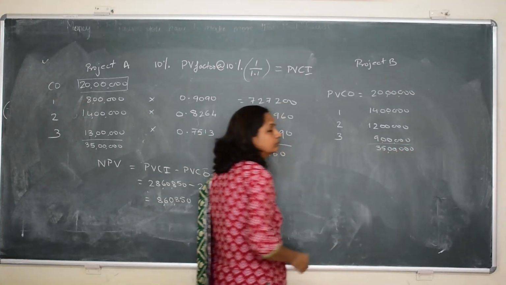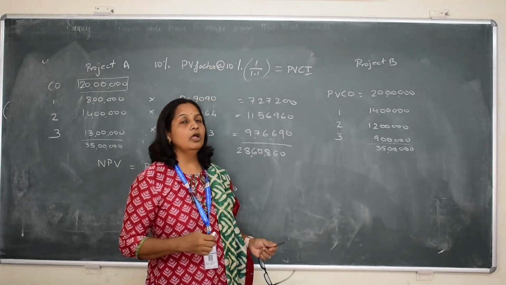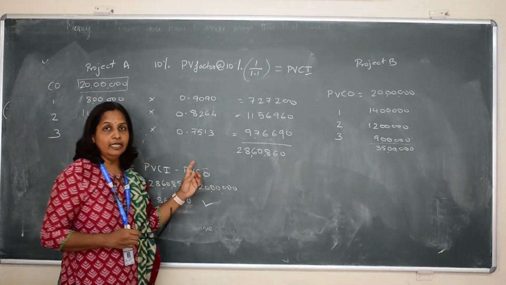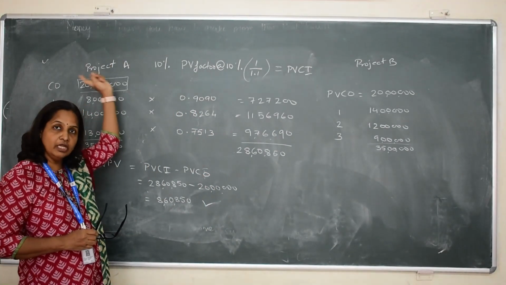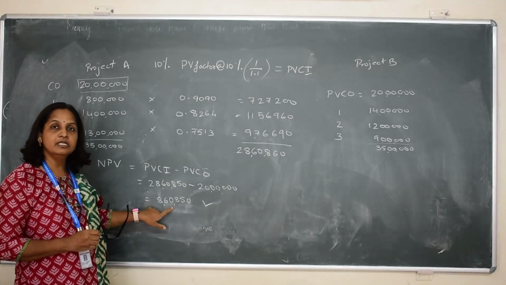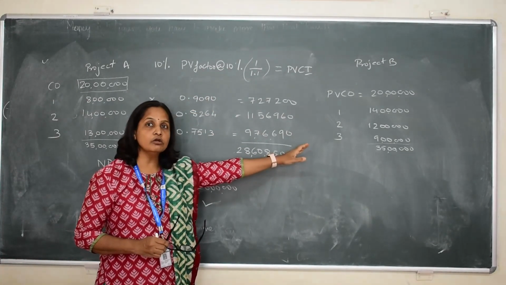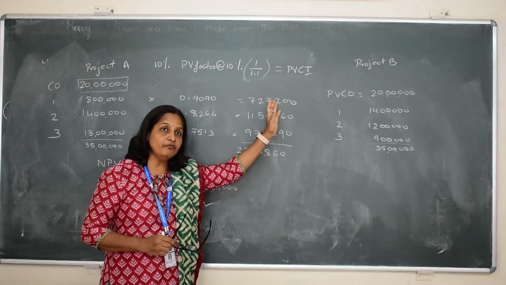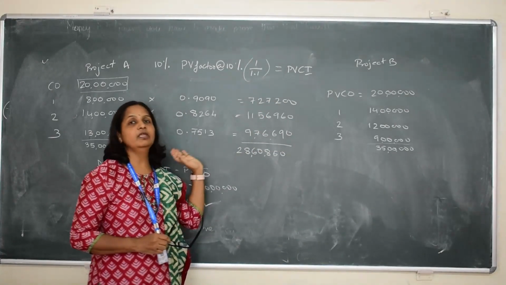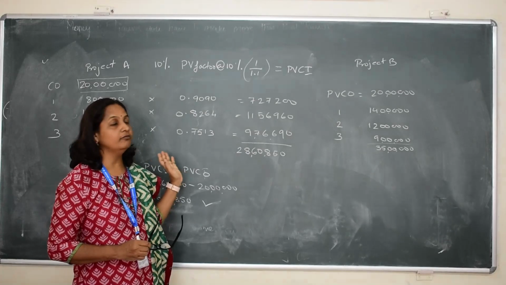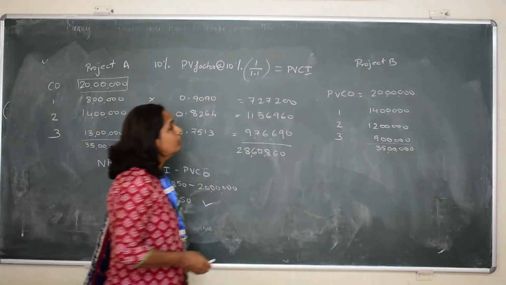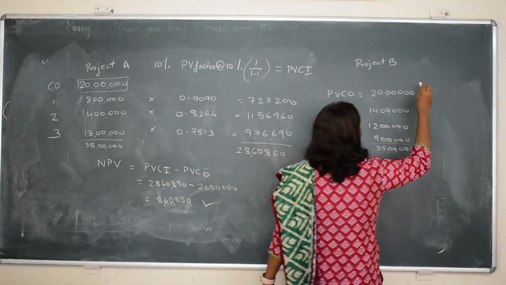So where to invest? We have already used the NPV technique in project A and found out the net present value. Let's apply this technique to B also and find out how much net profit we are getting here. Then we can easily choose between these two. So, do the same things here also.